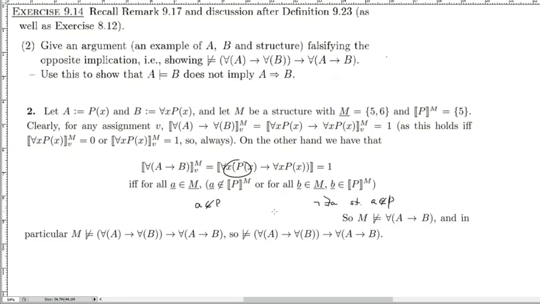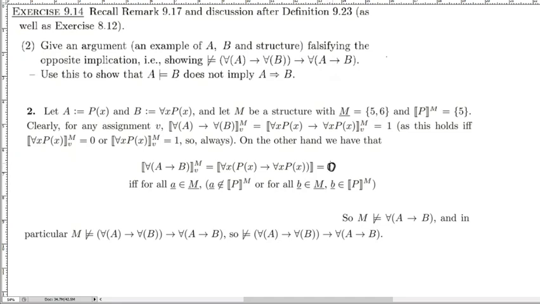But here we reach a contradiction, because in the first part, for this to be false, there has to be some A which is not in P. But for the second part to be true, it must not be the case that there is some A that is not in P. So this can never be the case. Hence, this here can never be 1.